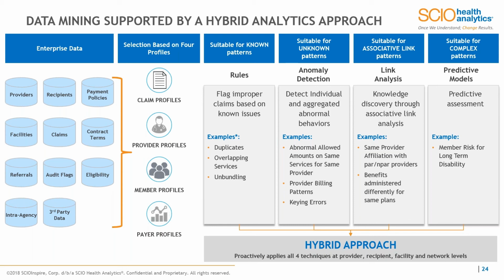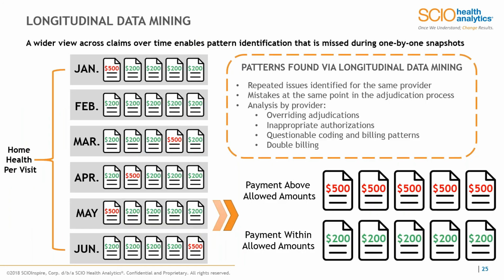Applying a longitudinal data mining approach brings forward visibility to pattern identification that is missed in standard one-by-one reviews. This view creates the ability to identify repeated errors by the same provider that occur over time.